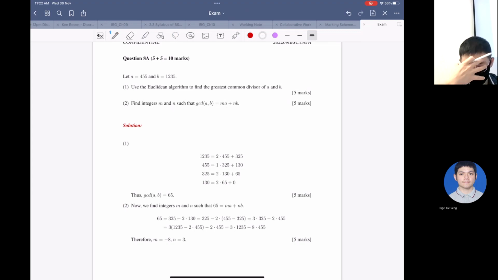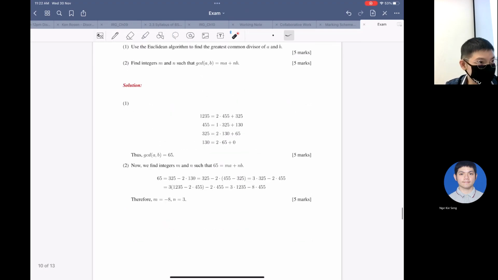So I can't help if you do that. But most of you got the full mark. Maybe some careless mistakes. You don't put the minus, you just print the 8. This one I think is the least problematic one.